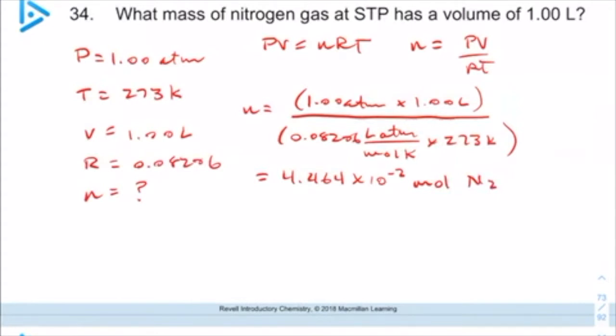But the question says what mass of nitrogen gas? So now that I know moles of nitrogen gas, we already know how to convert from moles to grams. So let's go ahead and do that.